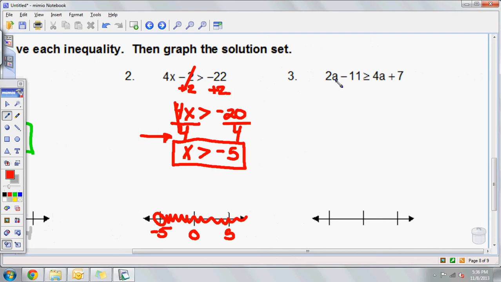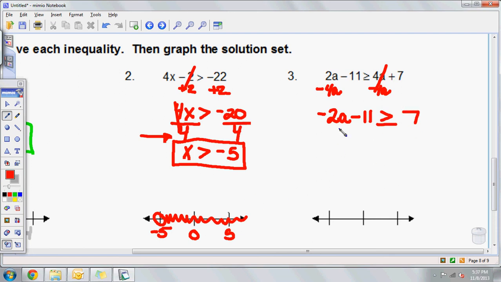All right, our last one, this one's a little bit more complicated because we have variables on both sides. Before you start getting those by itself, remember left is best. You want to get your variables to one side, so I would subtract 4a on both sides. You're left with negative 2a minus 11 is greater than or equal to 7.